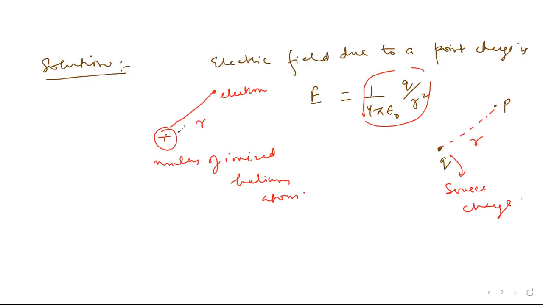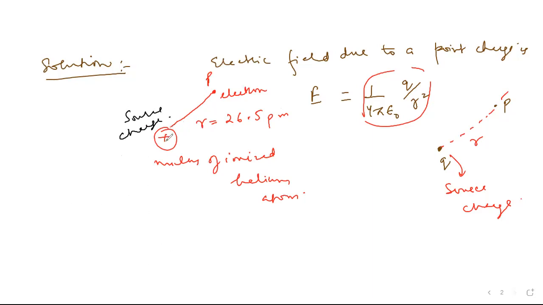Distance of separation of the electron and the nucleus, 26.5 picometer, right? Now we have to find the electric field due to the nucleus at the location of the electron. That means this point is our point P, and this nucleus is our source charge. So it is simple. It's our source charge, right?